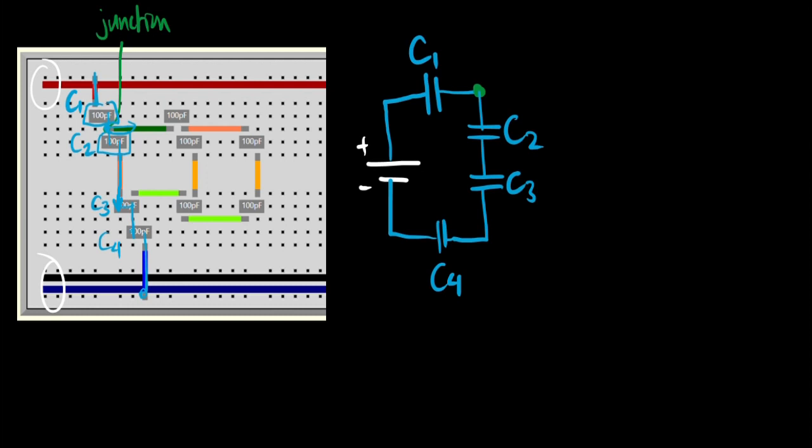Now, how about the junction? If we continue connecting this particular wire, we would encounter a connection to another capacitor, which we can label as C5.